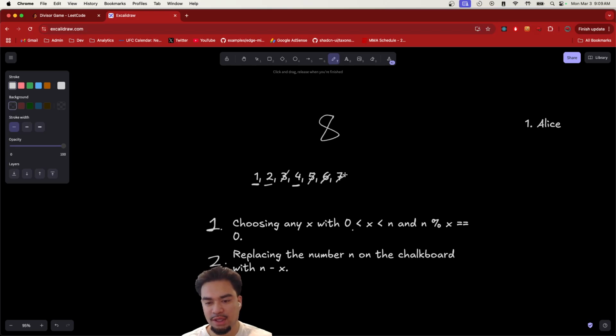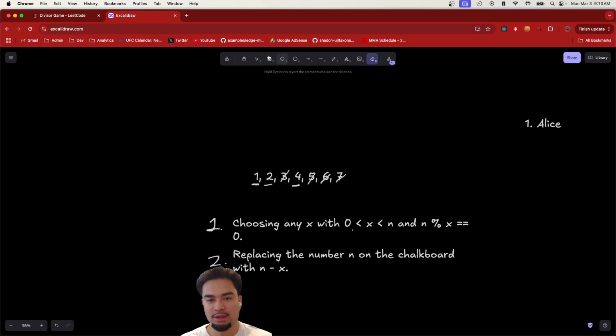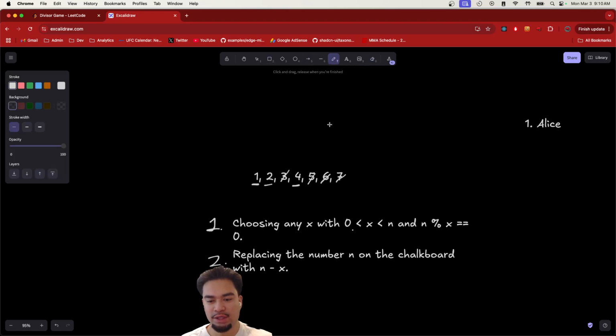So the options they have are 1, 2, 4. They can choose any of these numbers. Pretend they choose 4. Then they replace the number n on the chalkboard with 8 minus 4, which is 4.